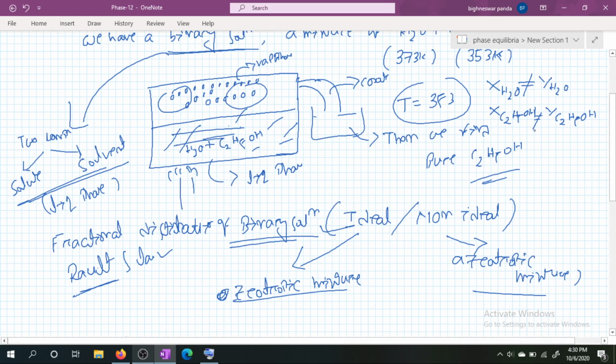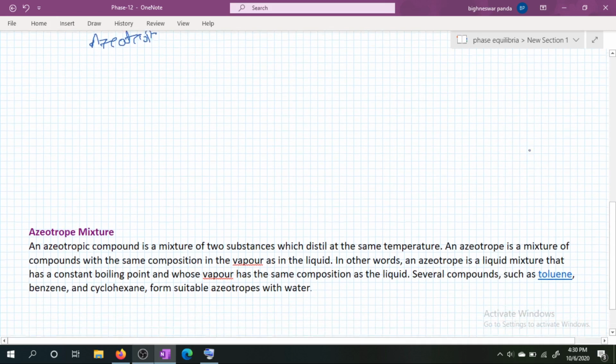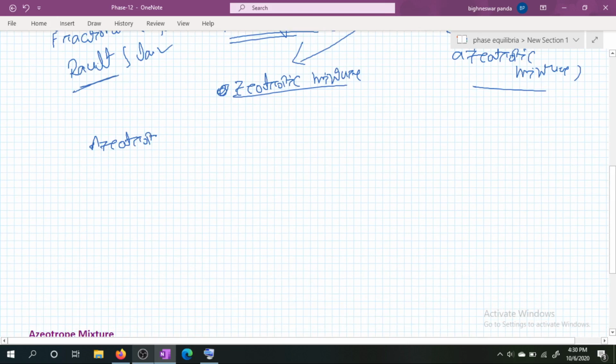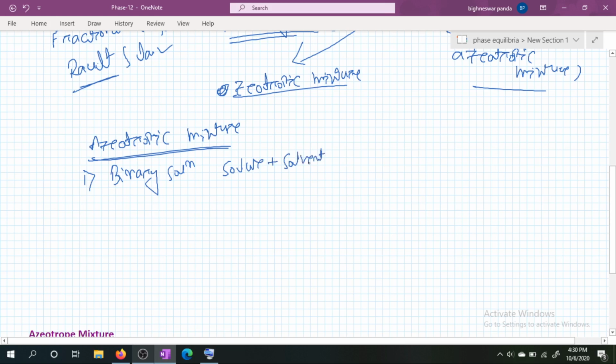But since we are considering an azeotropic mixture, it is also a binary solution having solute plus solvent. Both are in the liquid phase.